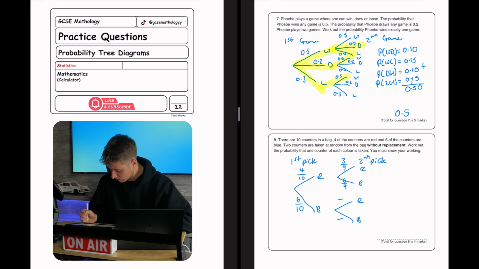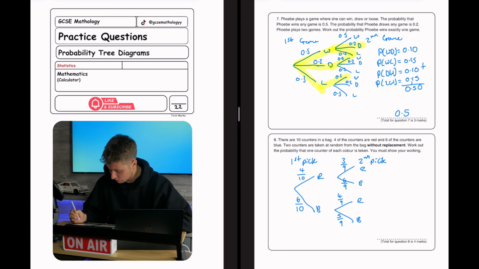So if we look at the second section here, if we've already taken a blue out, then we're going to have the denominator as 9 for both of them. If we've already taken a blue out, there will now be 5 blues left in the bag, but there will be the initial number of reds, which is 4, because the number of reds doesn't depend on whether a blue was taken, because they're different colours.